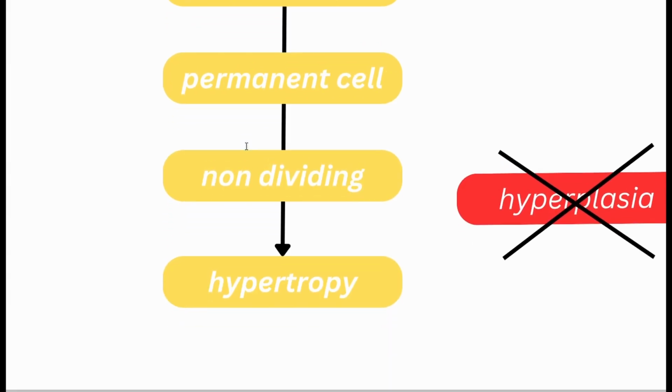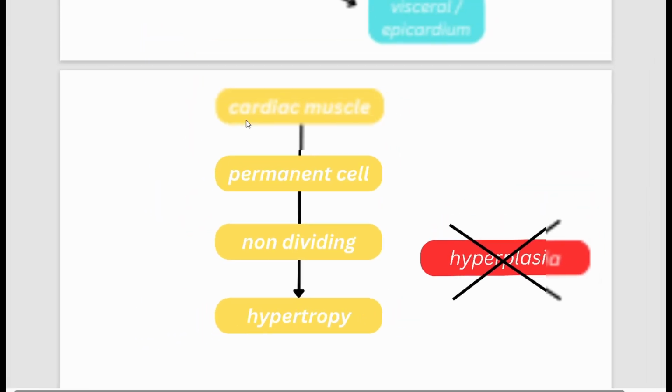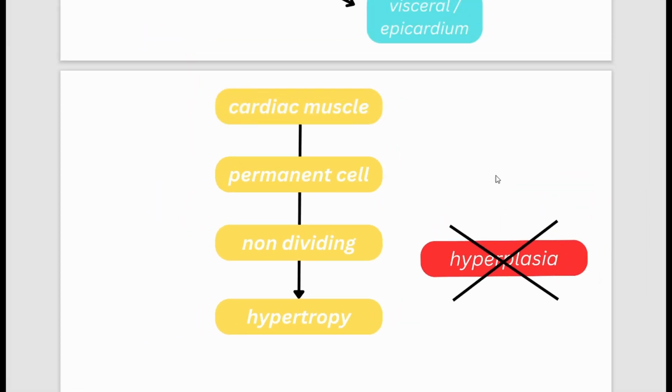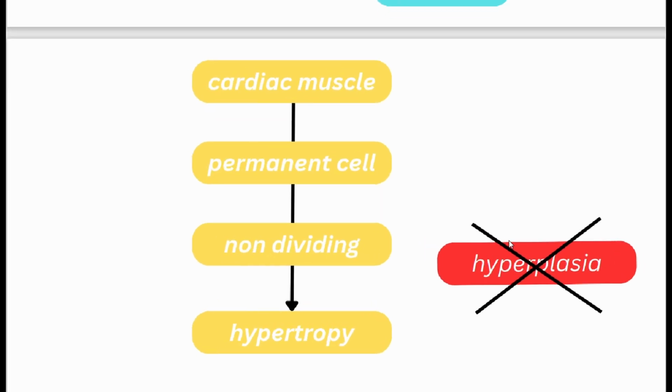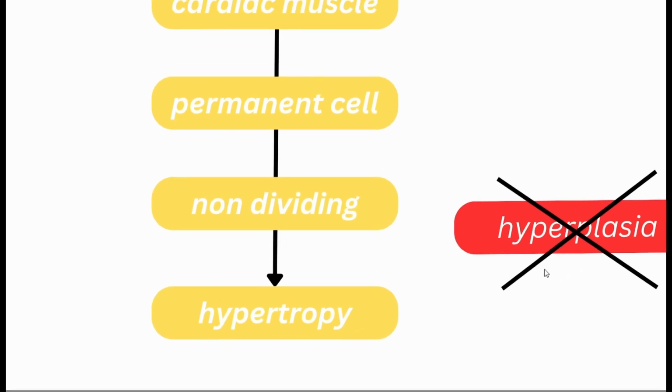Hypertrophy means the cell is capable of increasing its size, but it can't increase its number. So cardiac muscle is unable to show hyperplasia; it can only show hypertrophy. Hypertrophy means increase in size, and hyperplasia means increase in the number of cells. Make sure that you are perfect in this.